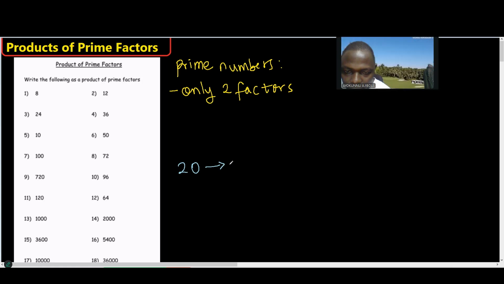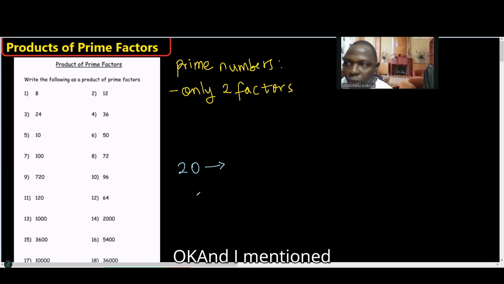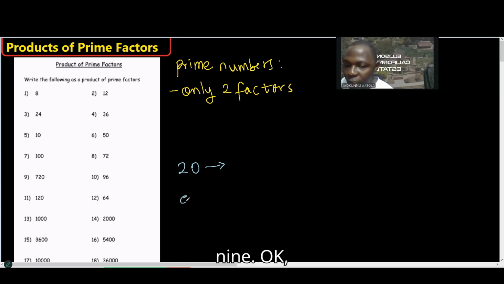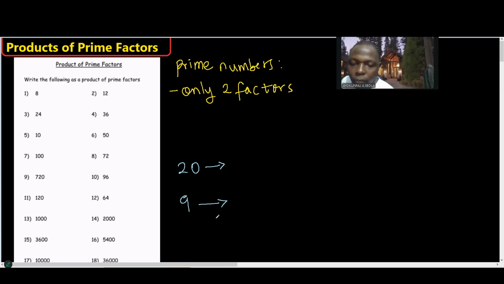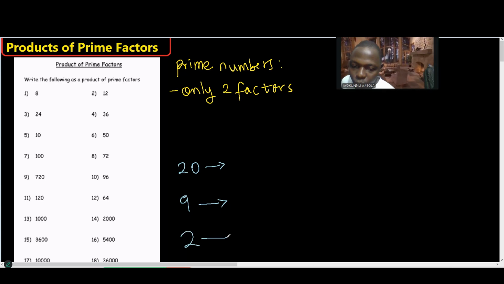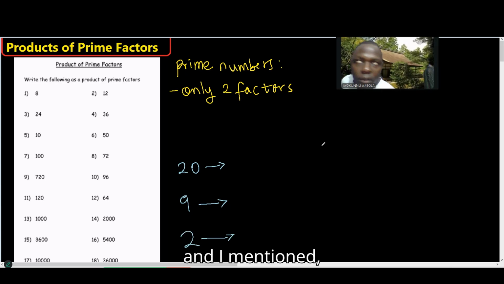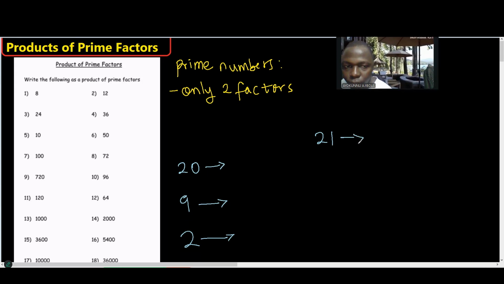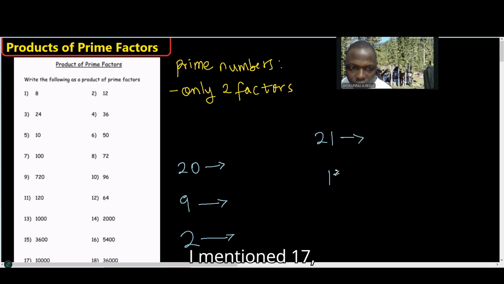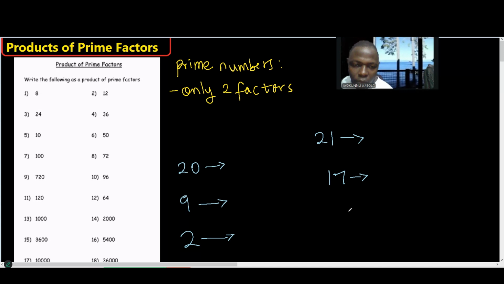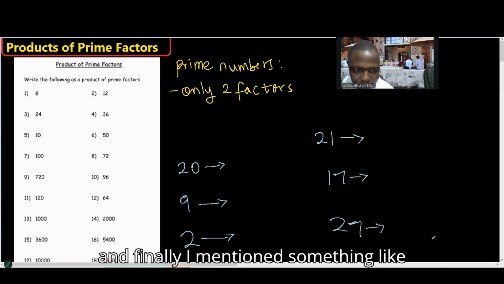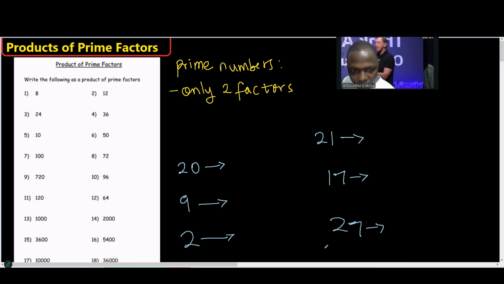And I mention 9, then I mentioned 2, and I mentioned, let's say, 21. I mentioned 17, and I mentioned 27. And finally, I mentioned something like 29.